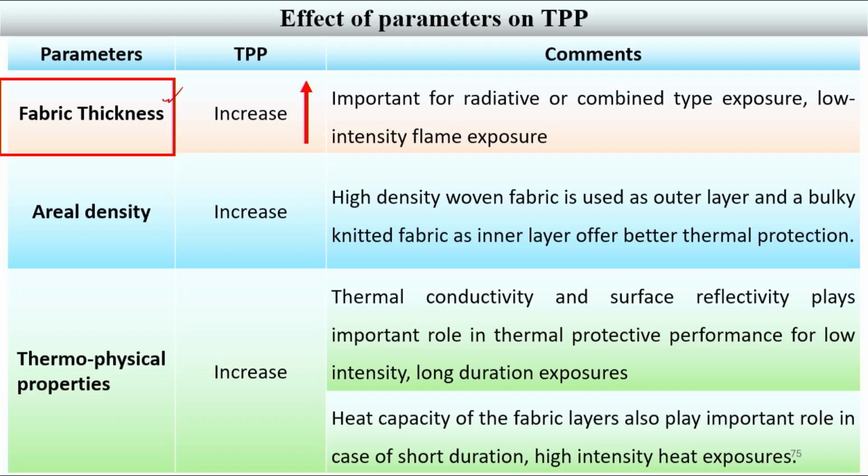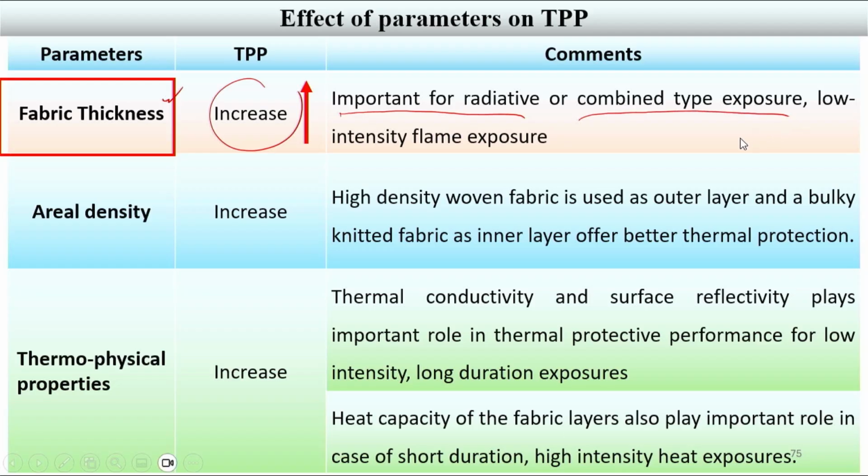If we keep the areal density and increase the thickness, there will be more and more air pockets, and that will increase the conductive heat transmission. Or, fabric thickness increases with the increase in number of fibers, that means areal density increases at the same time. So, it is important for radiative and combined type exposure.